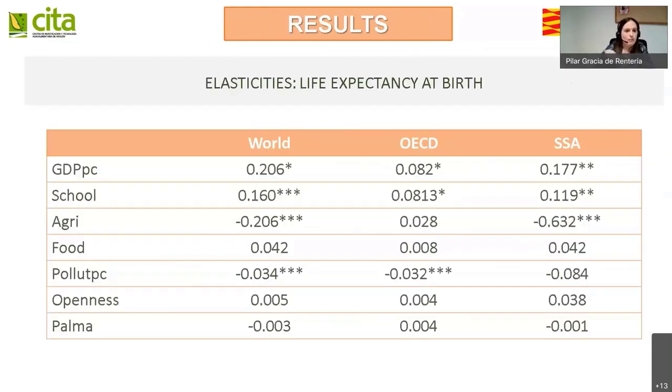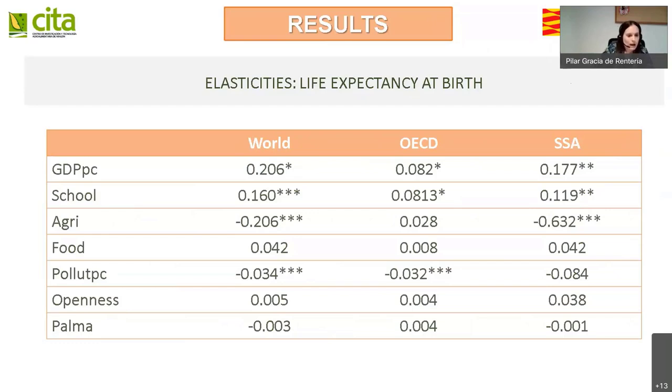So now I'm going to present the main results of this paper, and this table presents the elasticities for the life expectancy at birth for all the countries in the sample, and also for the OECD cluster and the sub-Saharan cluster. The results for the other clusters, that are Latin America and the rest of Africa, Asia and Pacific, are also in the paper, but I'm not going to present them for simplicity.